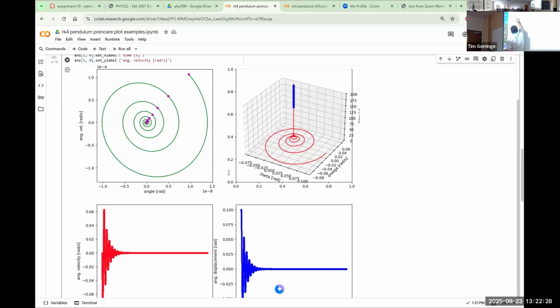They have approximately the period of the natural period, the pendulum period, pretty close, not exactly the same. So they sort of follow a straight line of points, and the amplitude of the oscillations just decreases over time. So that's the Poincare section trajectory to the equilibrium.